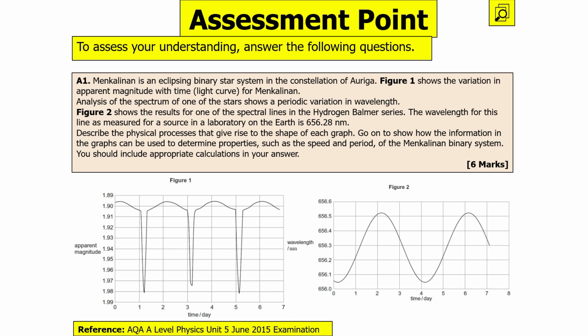The wavelength for this line as measured for a source in the lab on the Earth is 656.28 nanometers. Describe the physical processes that give rise to the shape of each graph, and go on to show how the information in the graphs can be used to determine properties such as the speed and period of the Menkalinan binary system, and you should include appropriate calculations in your answer. So pause the video now, then unpause the video when you want to go through your answer.